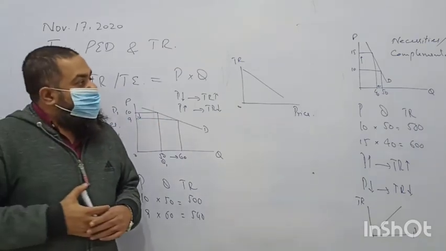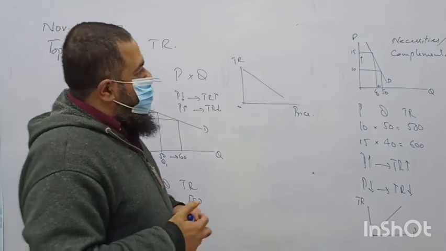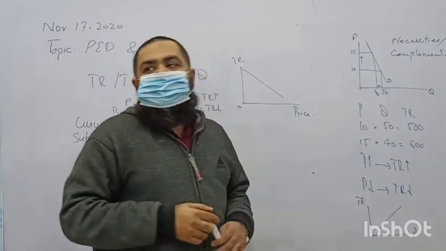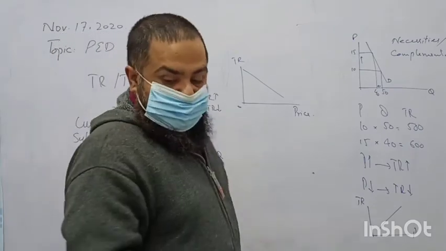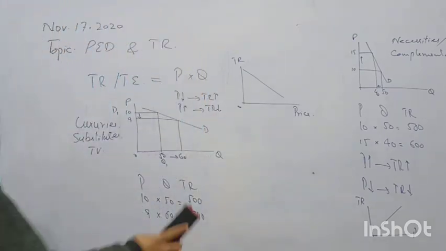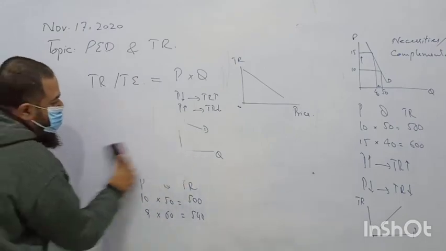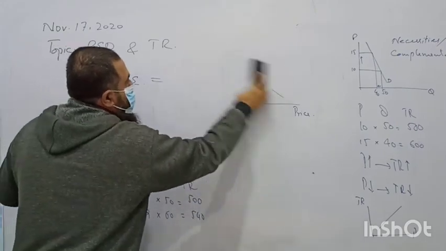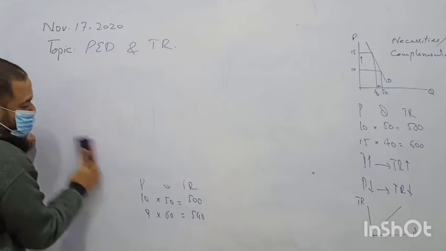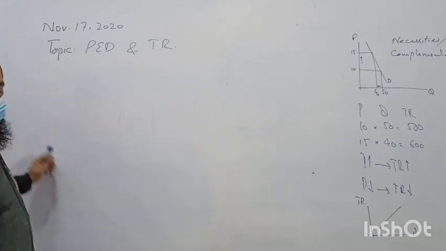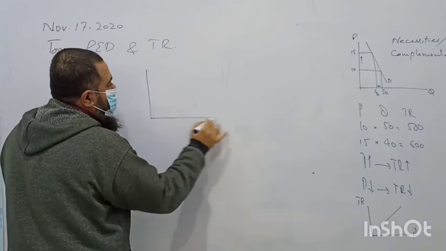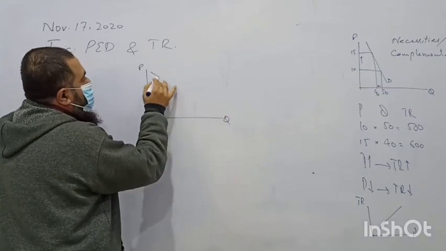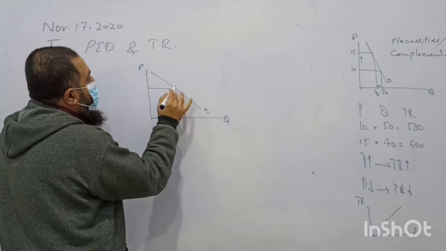Alright? So one of the cases which we should be doing right now is unit elastic. In that case, what is happening? The unit elastic demand curve, this is the demand curve.